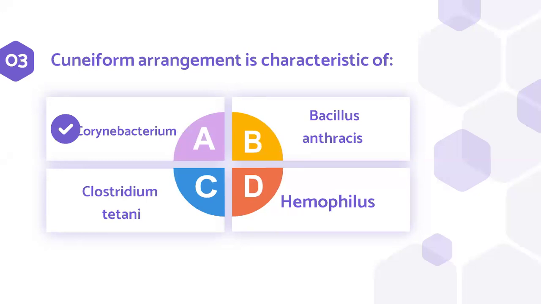So Corynebacterium diphtheriae, after Albert staining, appear as apple green colored bacilli with bluish black metachromatic granules. They are arranged in a Chinese letter pattern or cuneiform arrangement. Here the right answer is option A.